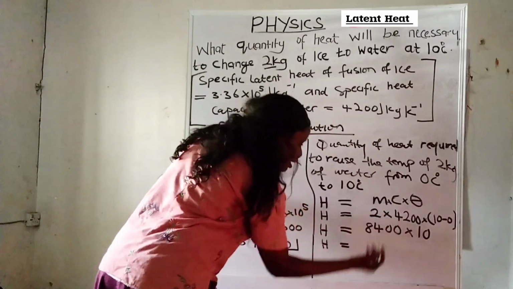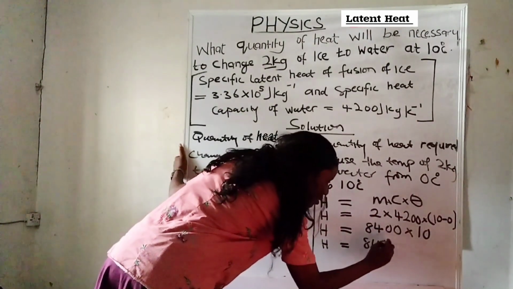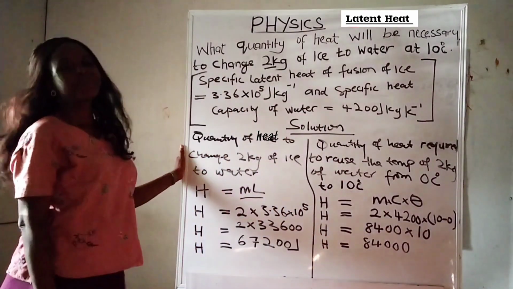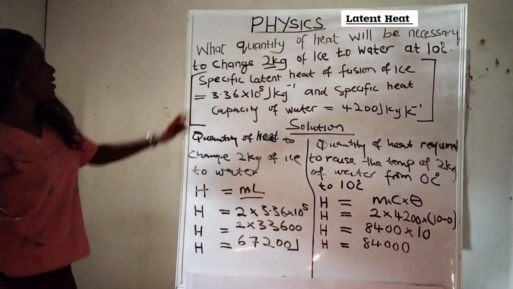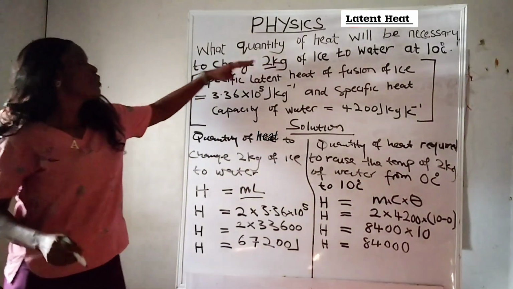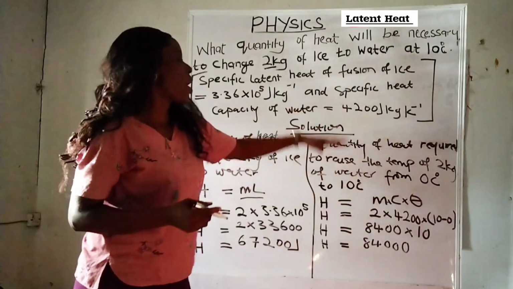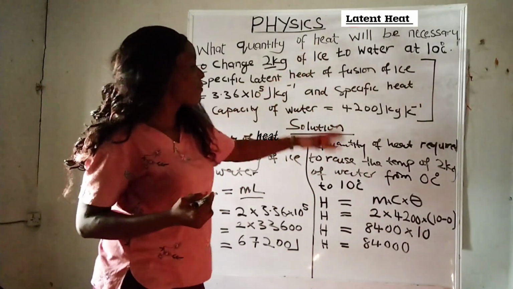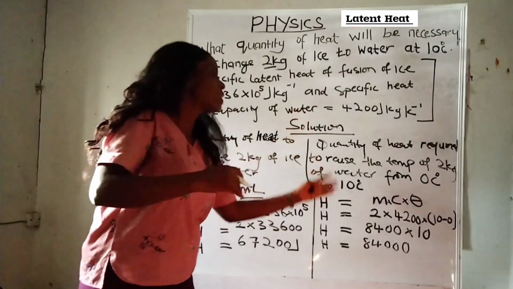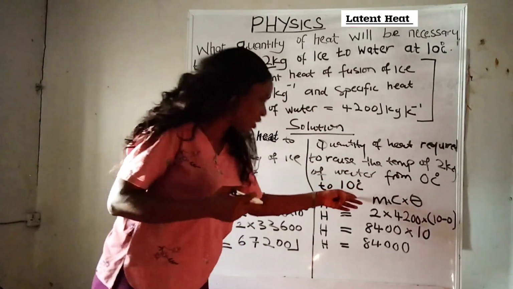Simply add a 0 here, it becomes 84000. This is the quantity of heat required to raise the temperature of the water, after it has been melted from ice to water, from 0 degrees Celsius to 10 degrees Celsius.